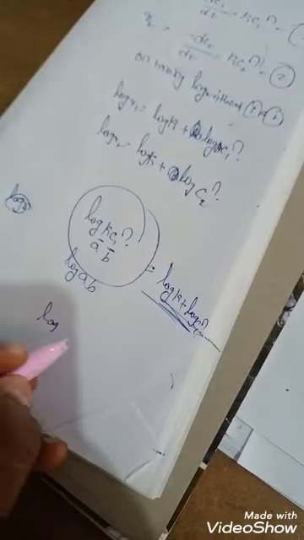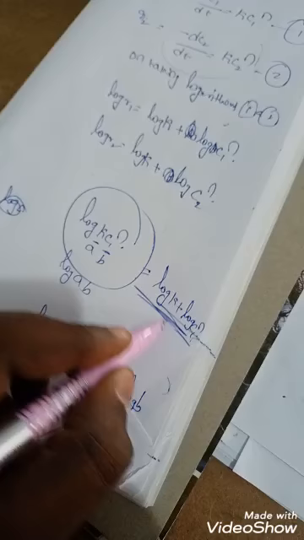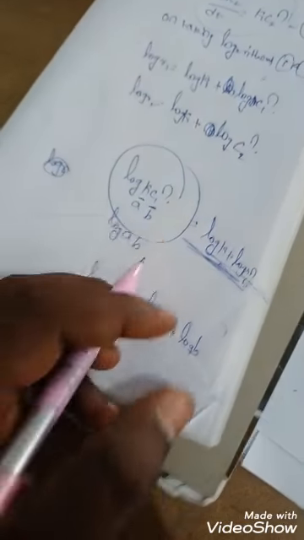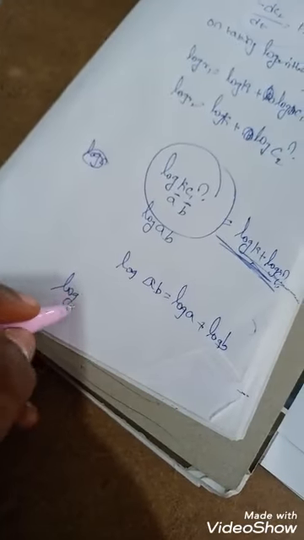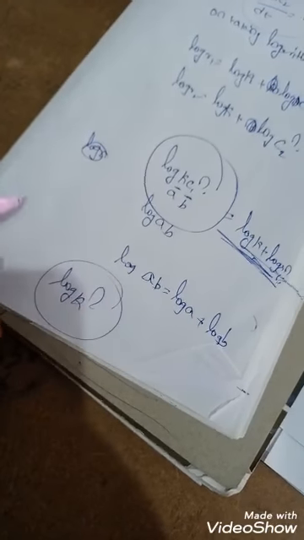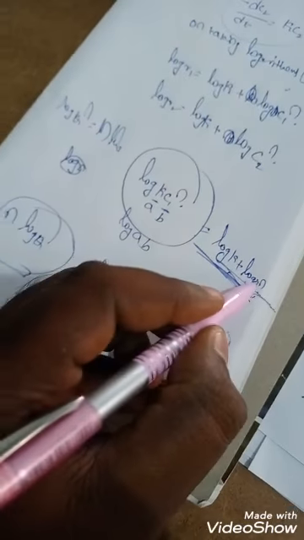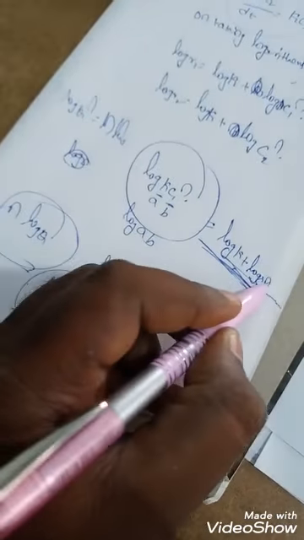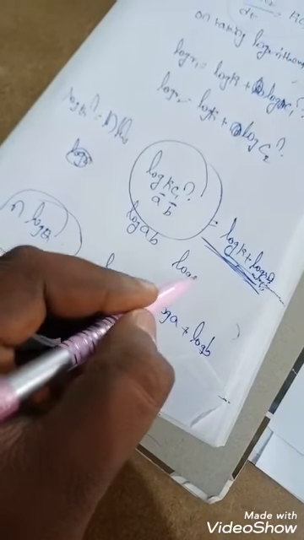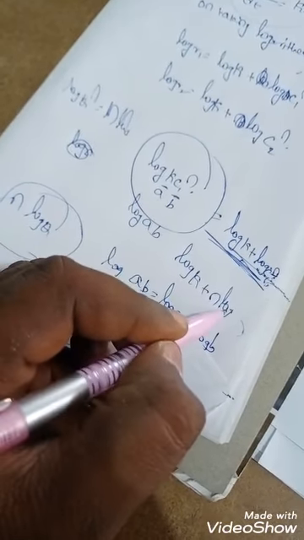Why? Because we know that log ab equals log a plus log b, so log k plus log c1 to the power n. Log c1 to the power n we can write as n log c1. Students, this is also one of the formulas: log of k to the power n equals n log k. So this is written as log k plus n log c1.